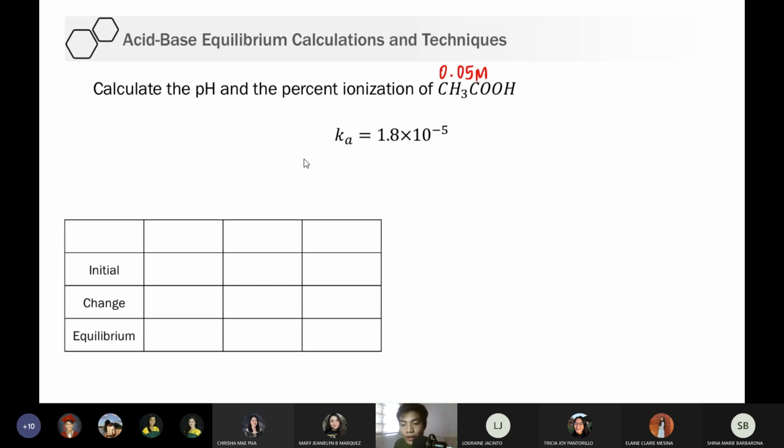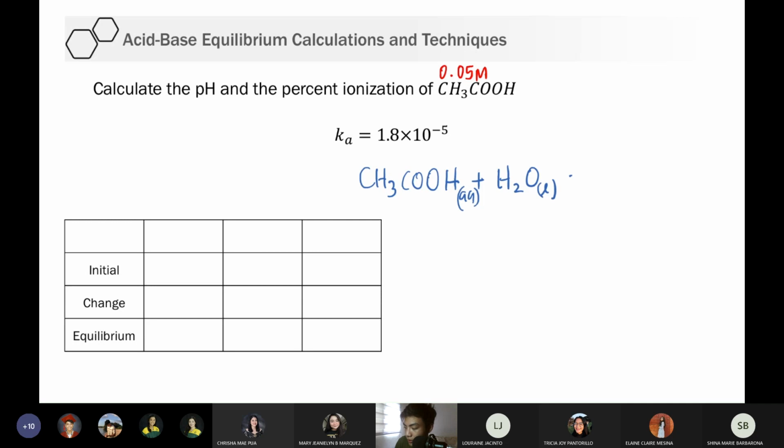Okay. In case na walang binigay sa inyong equation, you have to write your own equation for the acetic acid. Okay. How do we write the dissociation of the acetic acid into its ions? So that can be written as CH3COOH plus water. So aqueous yan.